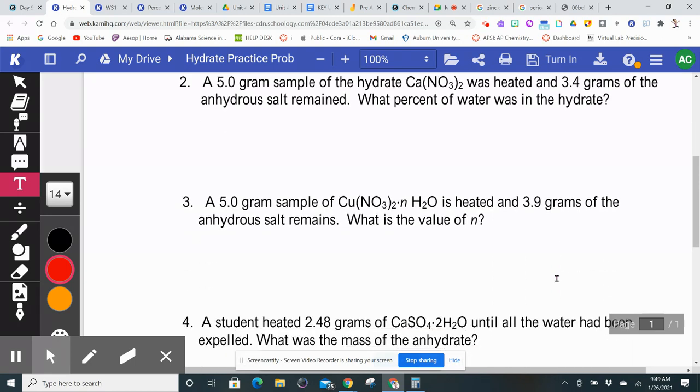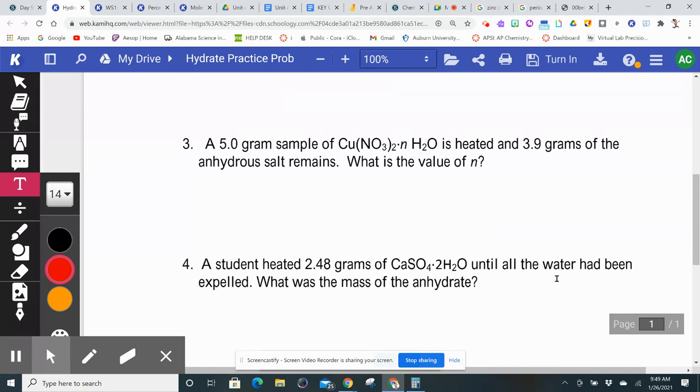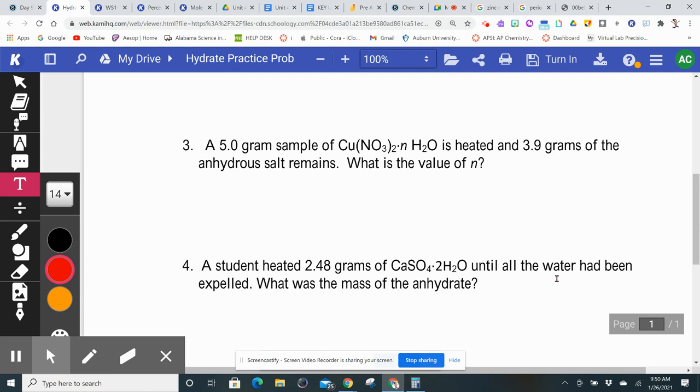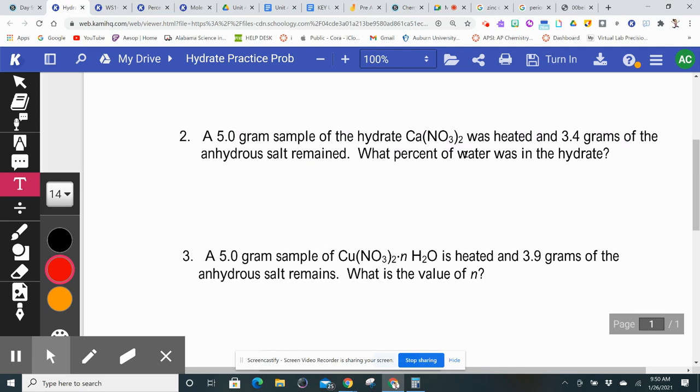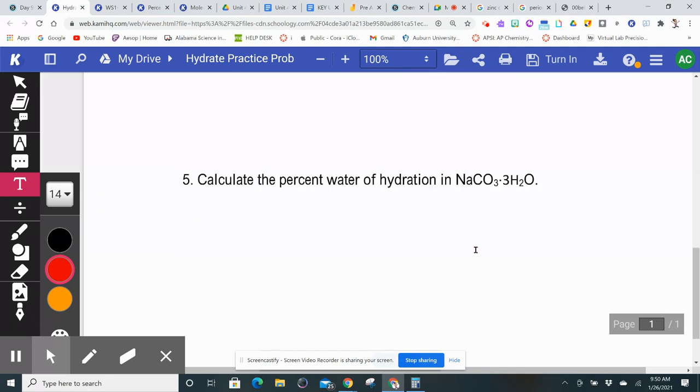The hydrates, actually, I'm going to take this off of tonight's homework because I'm going to change things. The only thing of a hydrate that you might have on the test is finding the molecular mass of it, which is easy enough. Finding the percent water and all that won't be on there.